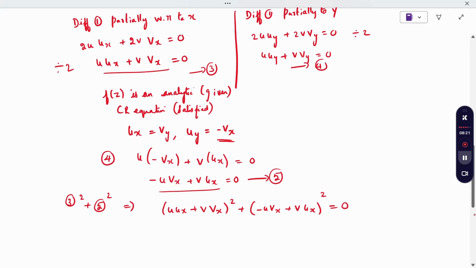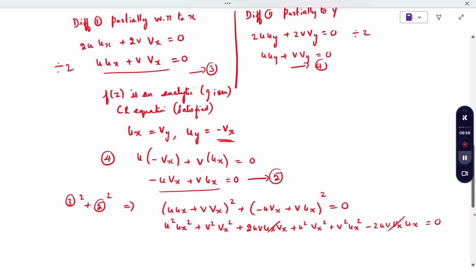So simplify this. After simplification we get one term, and from that we have to bring f of z to a constant. So simplifying: u squared ux squared plus v squared vx squared plus 2 times u v ux vx. Same with this: u squared vx squared plus v squared ux squared minus 2 u v vx ux, equal to 0.